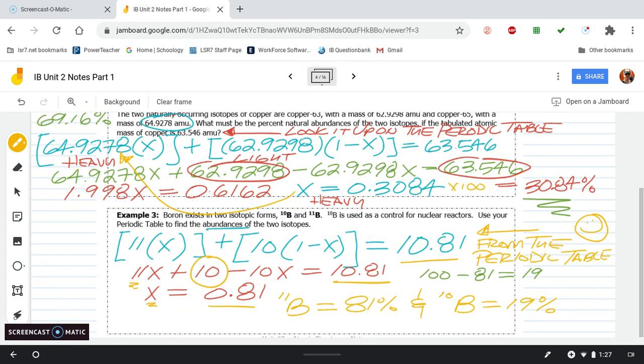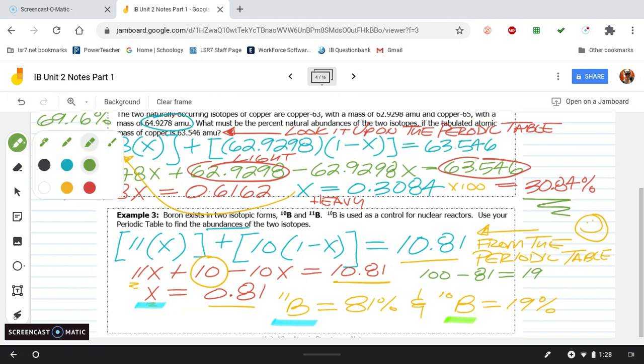So really the key thing here is to remember that the larger value, the 11, is what was the x. So the 11 comes from the x, and then the remainder, the leftover, is the other, smaller one. The heavier one is the x, and the lighter one is the remainder.